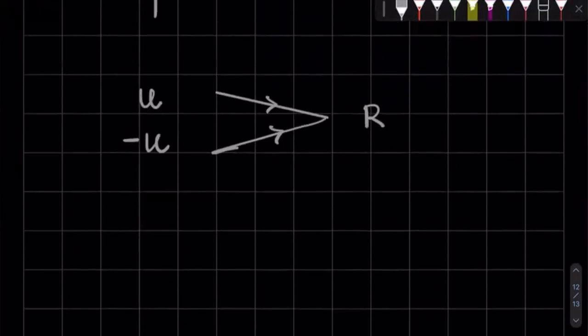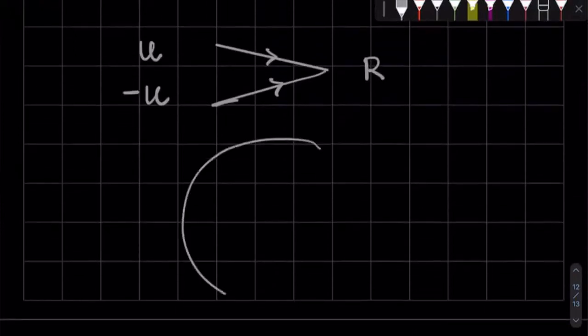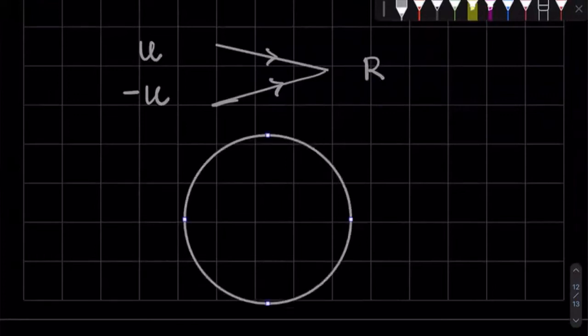So that means that geometrically, what we're doing on S3 is that we are identifying all antipodal points. So if we identify all antipodal points on S3, then we get SO3.